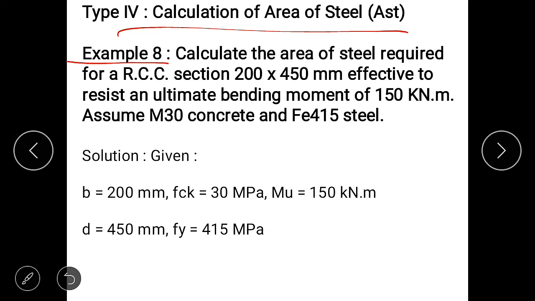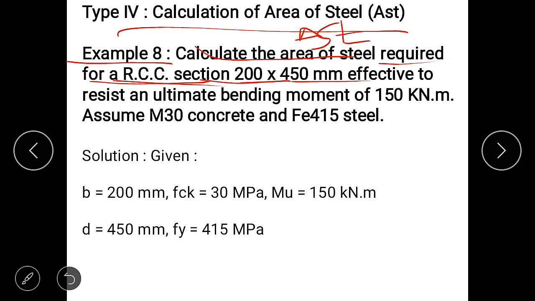So example number 8, calculation of area of steel required for RCC. So here we have to find Ast, required for a section. Here the section is given 200 into 450.